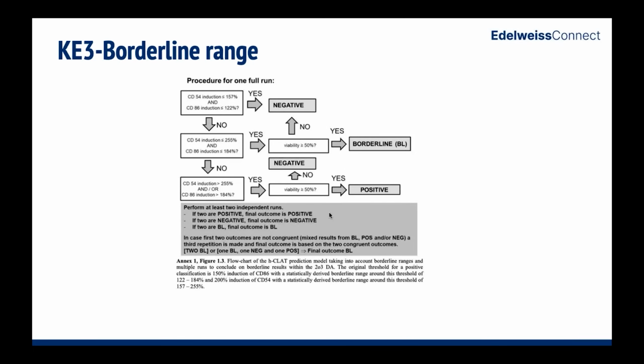Same is with the third key event, that is the HCLAT assay. HCLAT is the dendritic cell activation assay, where CD54 and CD86 induction is assessed, and here also clear indication when the result is positive or negative or borderline has been mentioned within the guideline.